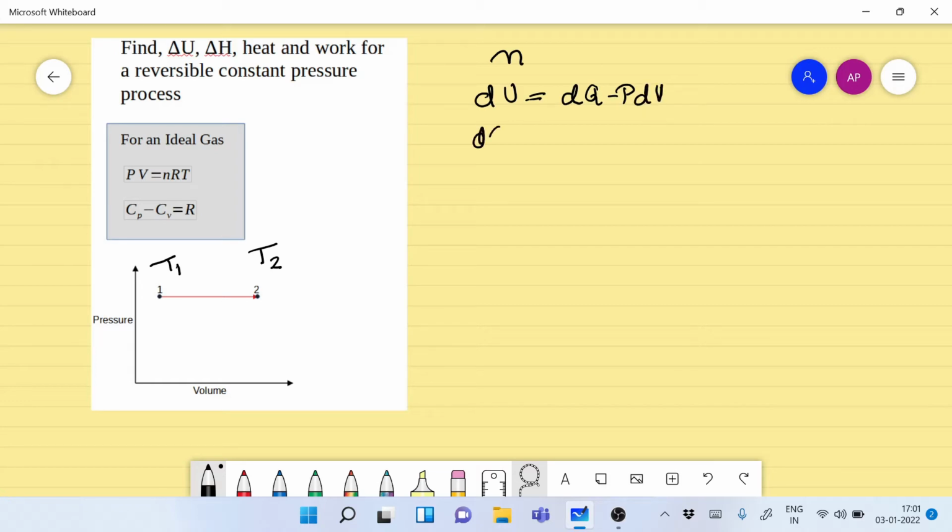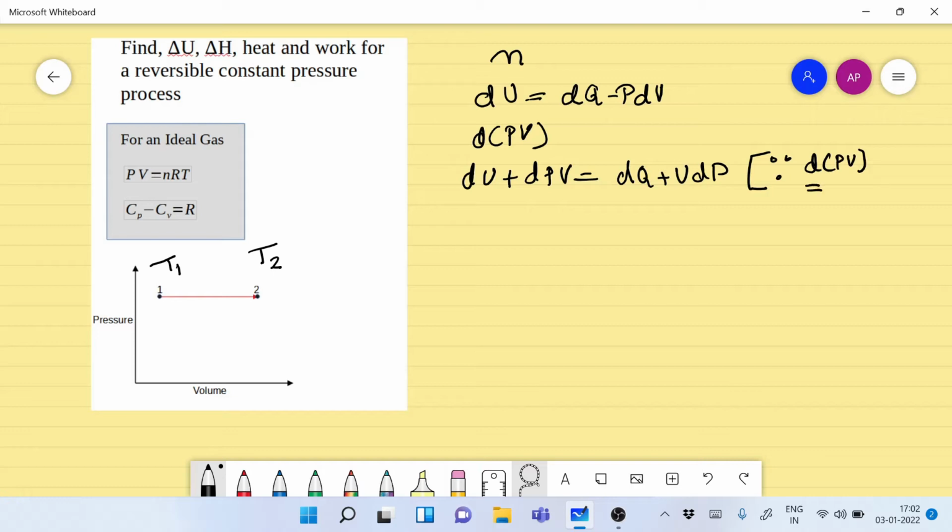We add d(PV) on both the sides. Therefore, we get dU plus d(PV) is equal to dQ plus P dV plus d(PV), since d(PV) is equal to V dP plus P dV.